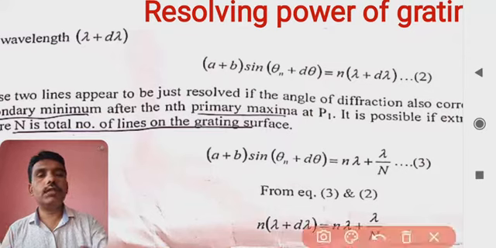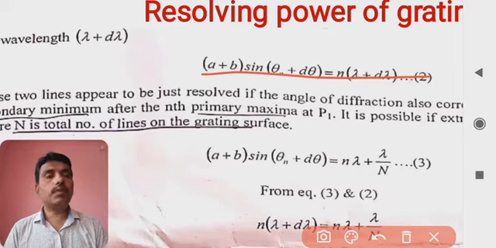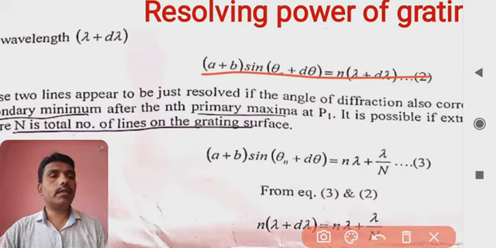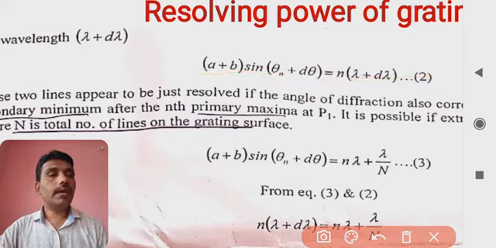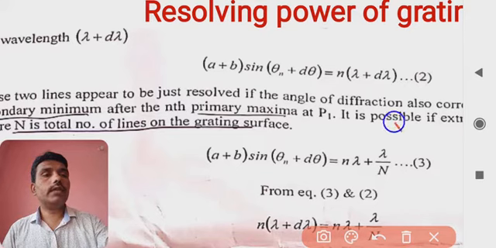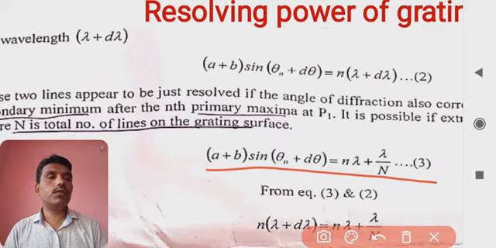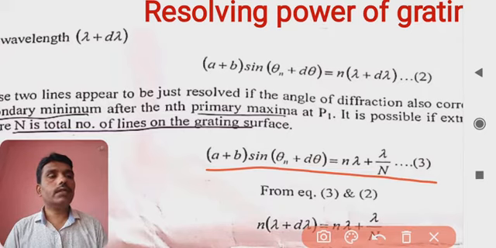If lambda by N, where capital N is the total number of lines on the grating surface, is added, the just resolved condition is satisfied. So this second equation I can write as (a plus b) sine of (theta n plus d theta) is equal to n lambda plus lambda by N. To satisfy the condition we need to increase the value by lambda by N.